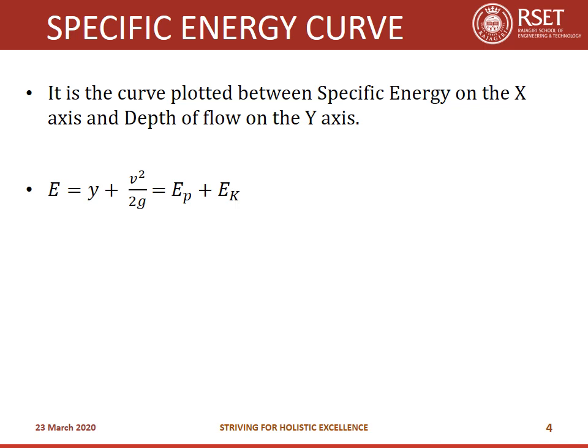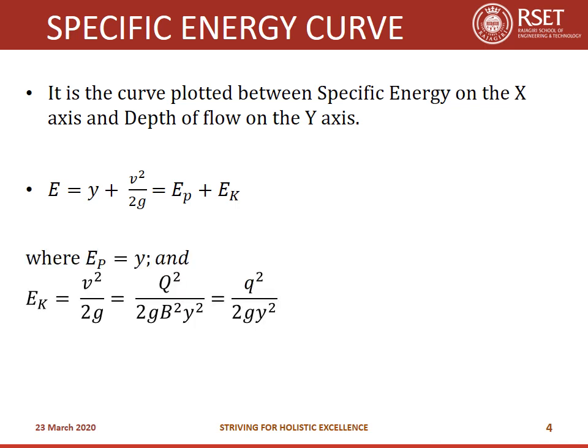Now I'm going to split this equation. I'm going to write Y as EP and V squared by 2G as EK. Why I'm doing this, I'll explain. Here EP is equal to Y and EK is equal to V squared by 2G. Now V stands for velocity. Velocity is given by discharge divided by area, which is Q divided by BY.